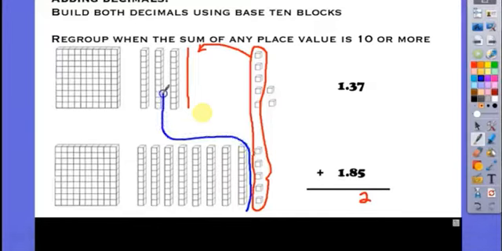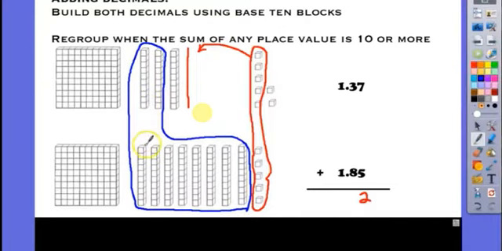We are now grouping the 10 rods. Now the 10 rods together make a flat. So you will have to move them to the next level. Adding one flat there, together you will make 3 flats.